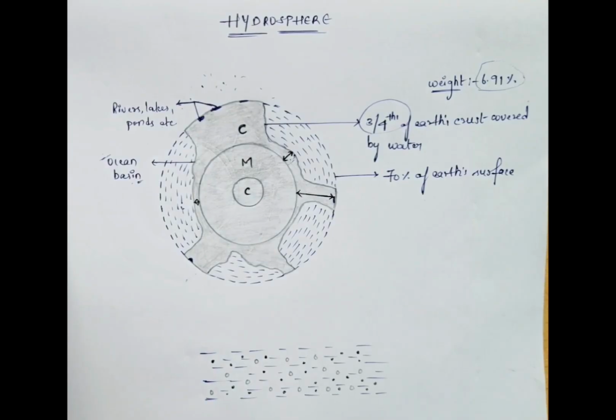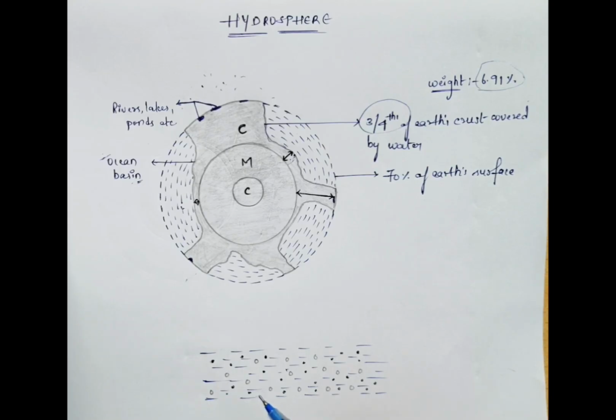And the next point is, if we see here, this is water. What does water contain? Water contains air for the survival of aquatic organisms. And sand particles as sediments. When rivers flow, they bring soil particles and small rocks.